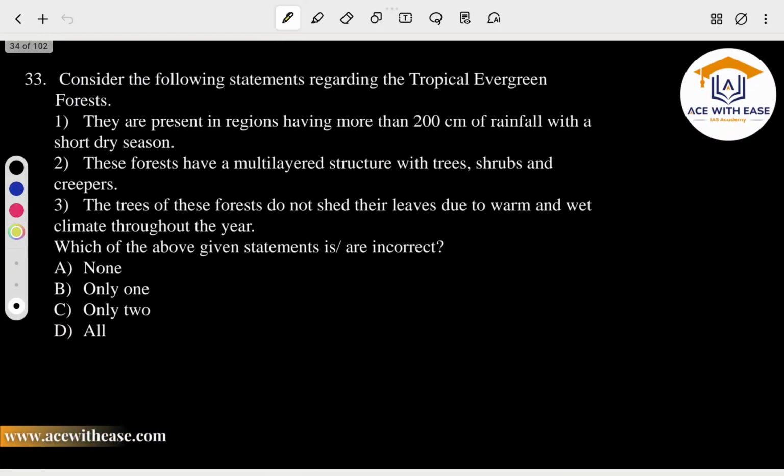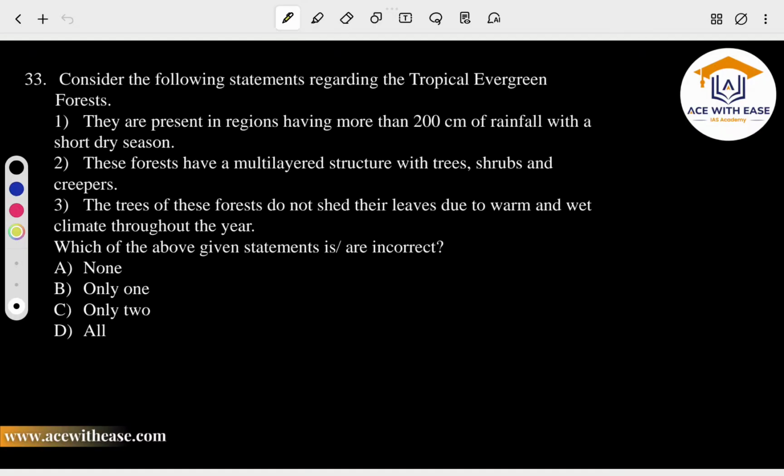Next, 33rd: which of the following is a correct statement regarding the tropical evergreen forest? The forest topic is another important sector where every year one question or another is asked, either about the forestry areas or the species found in different forests.